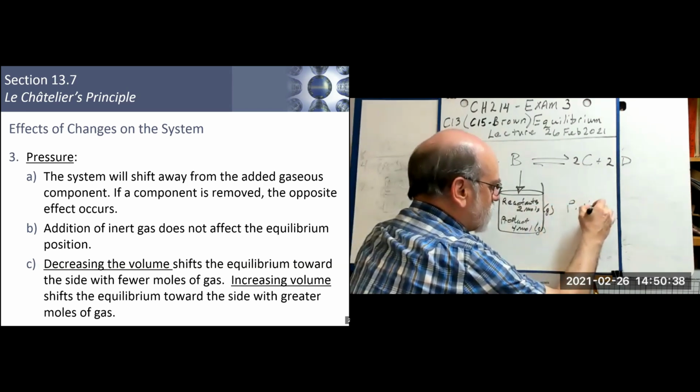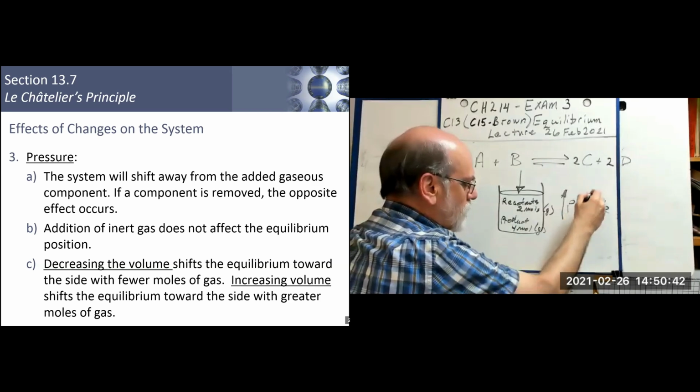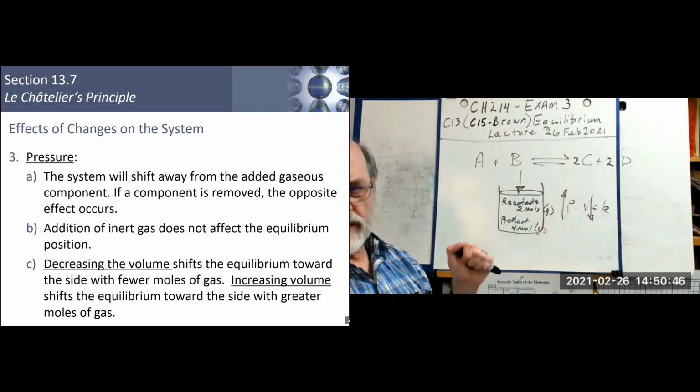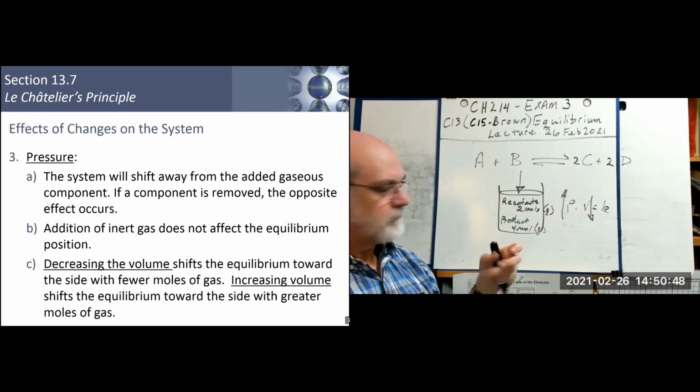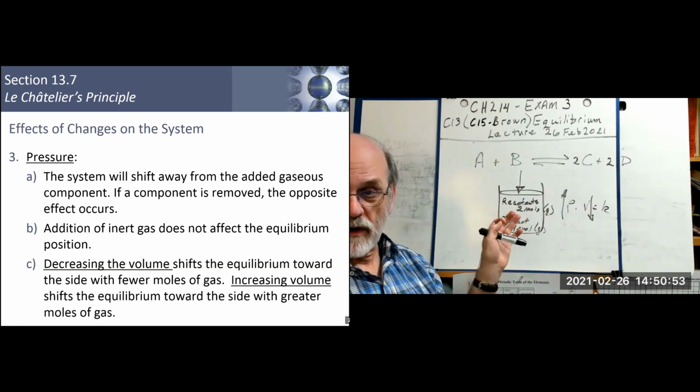P times V equals constant. So if we increase this one, that one has to decrease. So how do you decrease the volume? Well, maybe you don't. Maybe what you do is you make fewer molecules in that volume space.